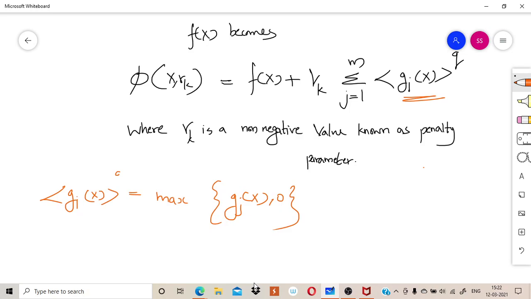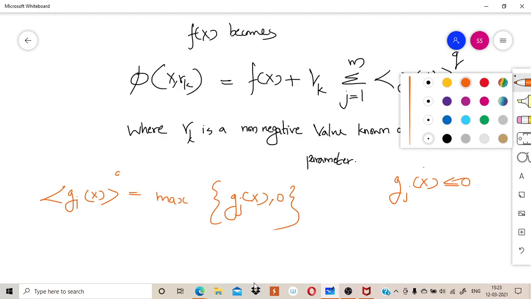Okay, that means if gj of x is less than or equal to 0, that means our optimum solution is satisfying this constraint gj of x less than or equal to 0. That means you can choose a maximum of gj of x and 0.